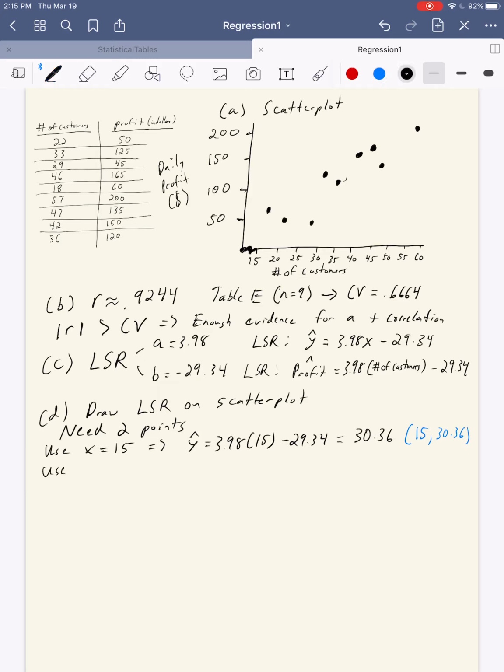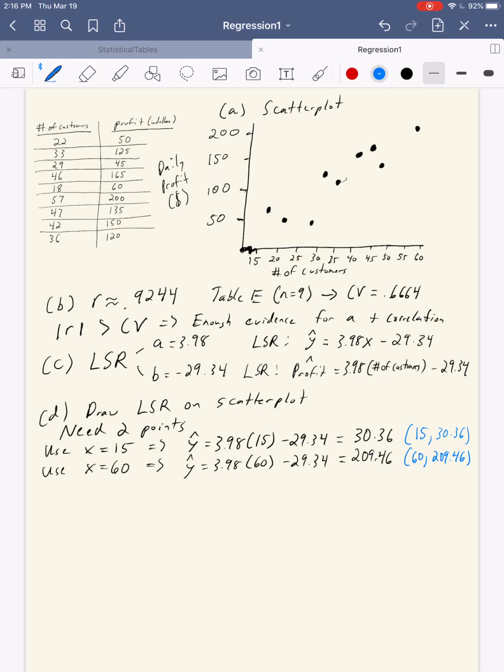We'll use x equals 60. We'll get y-hat is 3.98 times 60 minus 29.34. Typing that in, we should get 209.46. So we'll record that value as well, 60, comma 209.46.